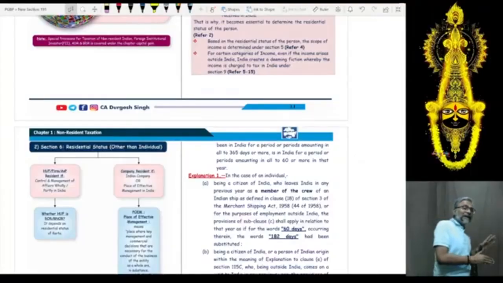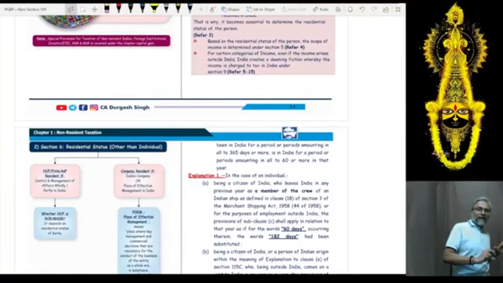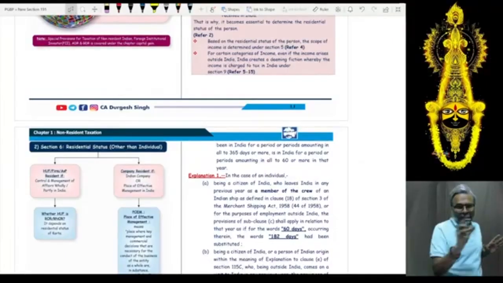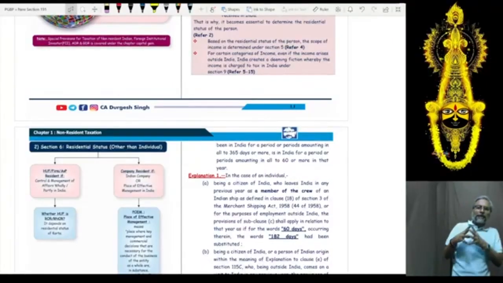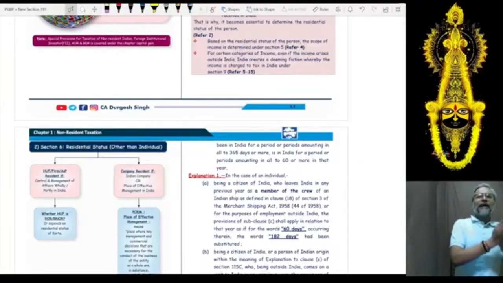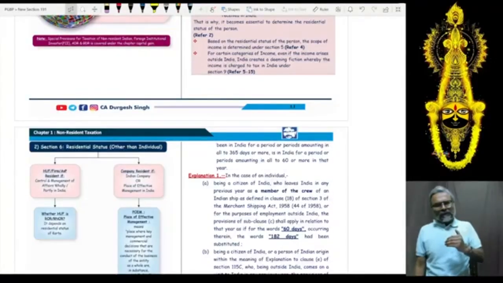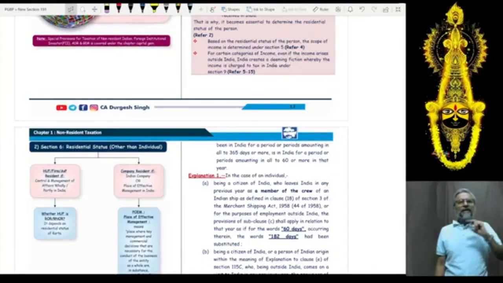A person needs to be a non-resident in the relevant previous year. Only on that basis can the provisions of non-resident taxation be applied to that person. Now for every person, students, as we know, the test of determining residential status is different.